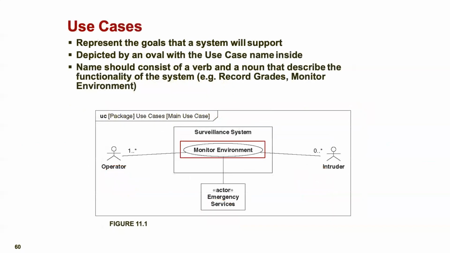So for the use case, getting into the actual system, it represents the goals that a system must support. It is depicted by an oval with the use case name inside. The name should consist of a verb and a noun that describes the function of the system.